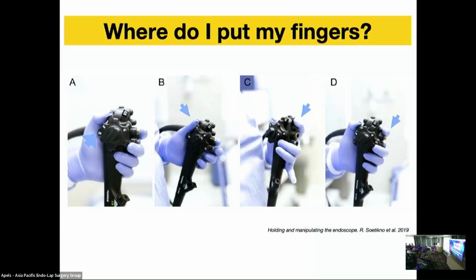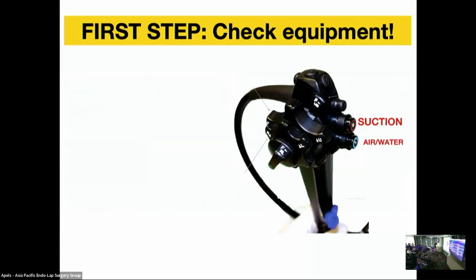Sometimes I can use my fourth finger, but it's not that long, so I use my right hand, and that's still okay. Your index finger is for your suction, the first one, the red one. My middle finger is used for air and water. If you press the second button, the blue button, that is for water. If you just cover it, you insufflate with air.